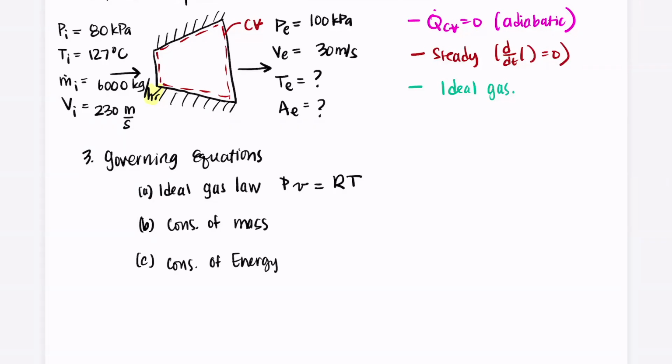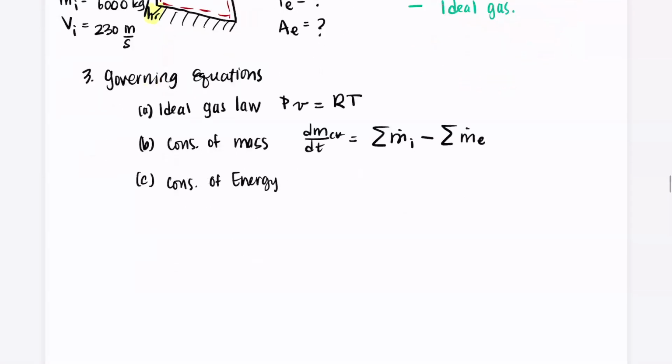All right, so conservation of mass is dm dt for the control volume is equal to the sum of the inlet mass flow rates minus the sum of the exit mass flow rates. All right, and then our conservation of energy is the following. So we have the time rate of change of the total energy in the control volume is equal to Q dot minus W dot plus the sum of the inlet energy flows.